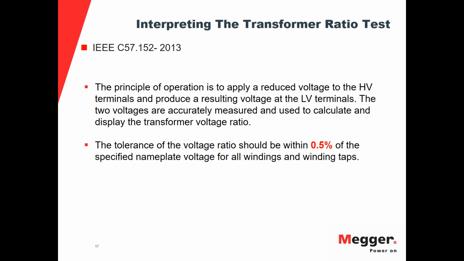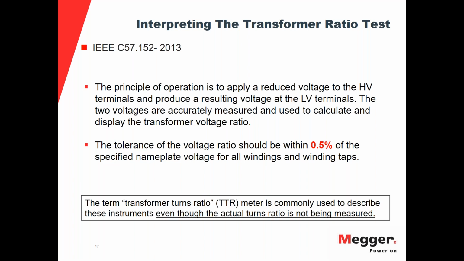Sometimes, the way they are designed, they won't have an equal number of turns per tap. What this does is make the voltage variation non-uniform. But as long as the extreme ends of that tap changer are within the 0.5%, it should be considered good.